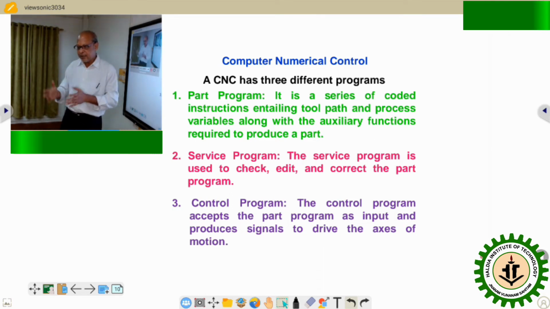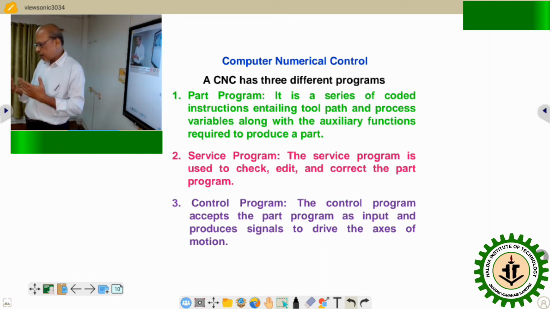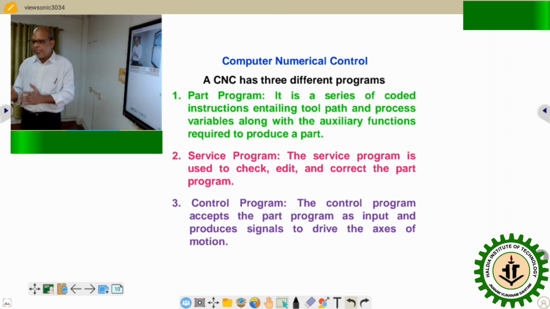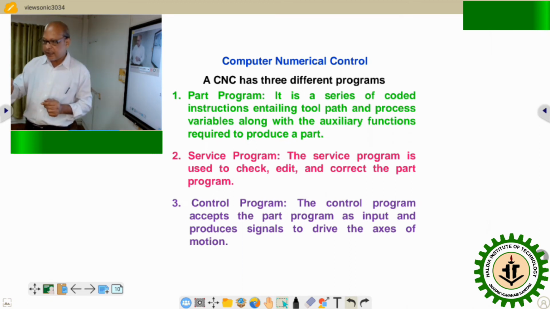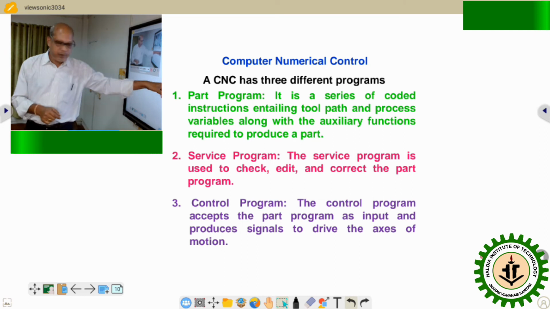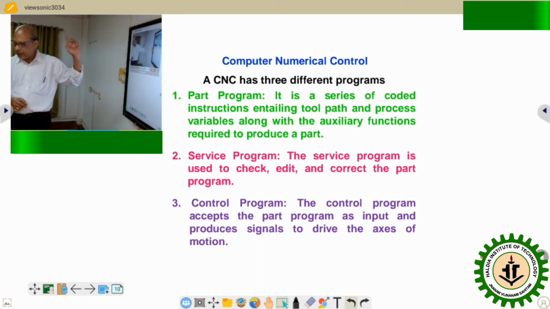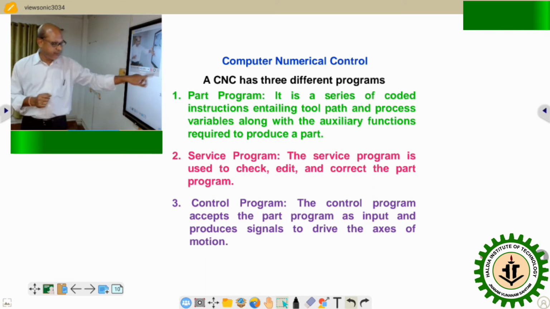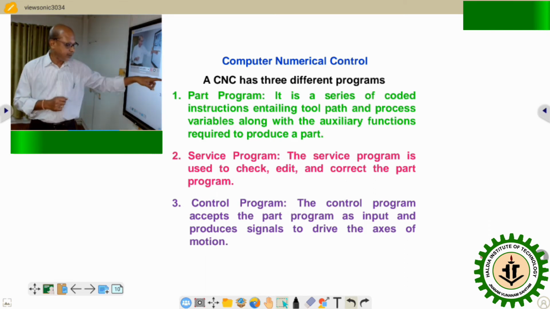When we discuss circular programming, then you will know. But the thing is that some syntax and some intricate calculations are there. Still, if you commit some mistake in your program writing, the service program will help you identify that there is some error in your calculation. So this sort of checking is taken care of by the service program.